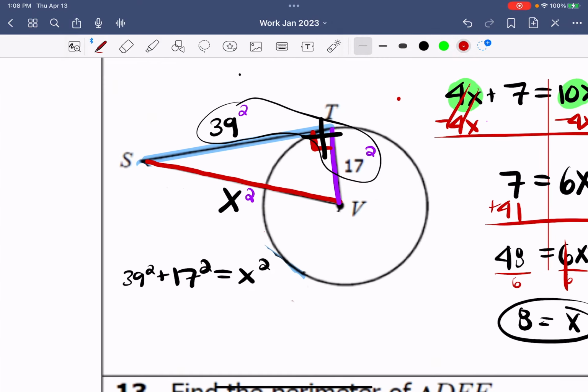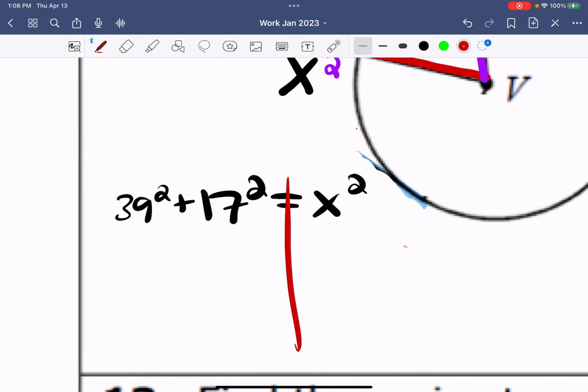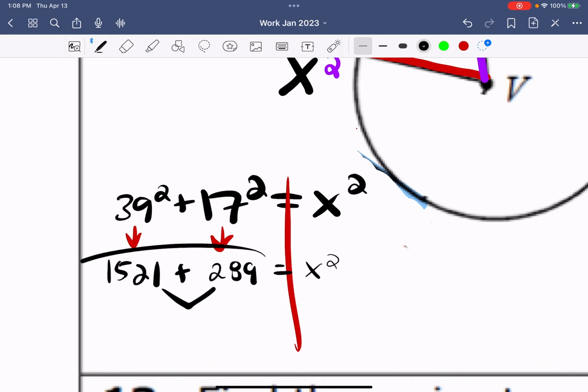Okay, so hopefully that made sense. 39 times 39, 17 times 17. Okay, so just use your calculator. 1,521. 289. I'm going to add them because it has a plus sign between them. 1810.